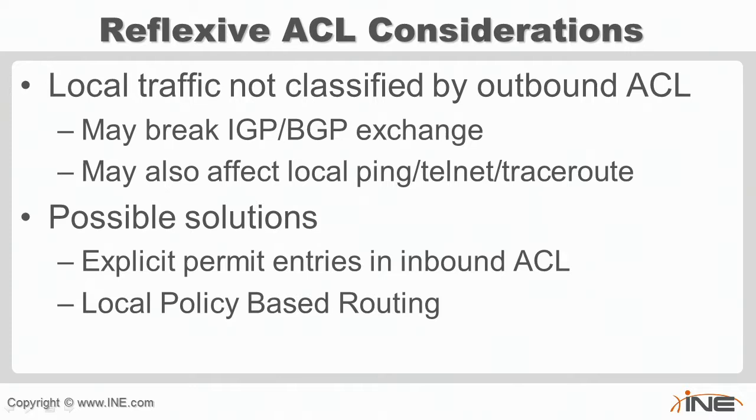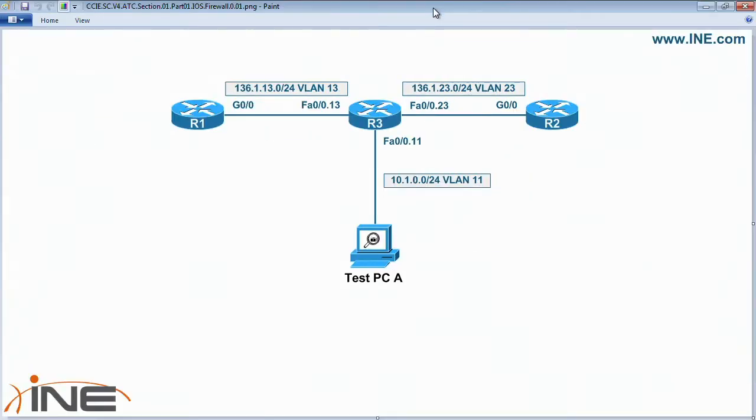Okay, so let's take a look back at our topology. And again, what we're going to be doing on router 3 is configuring an outbound ACL that is going to reflect the traffic to the state table.